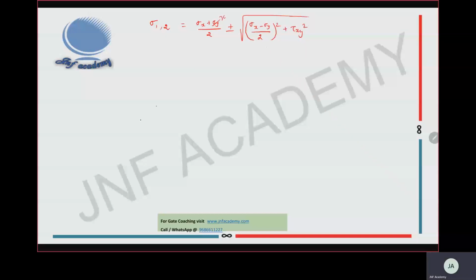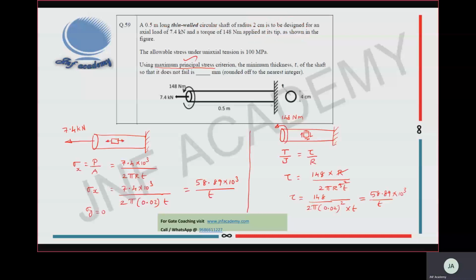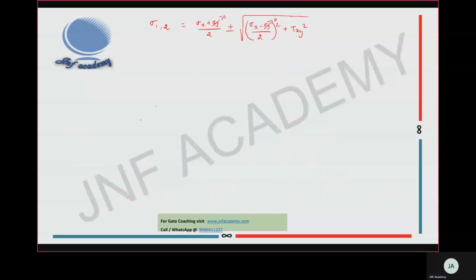So in this problem, the y component is not there, so we can eliminate this. Then we have to substitute the sigma x value and tau xy value. These two values are looking the same, so we can take it outside. Let me take only the first, maximum principal stress alone.